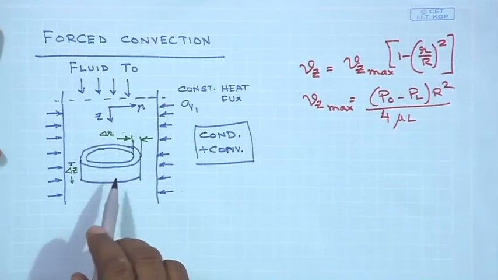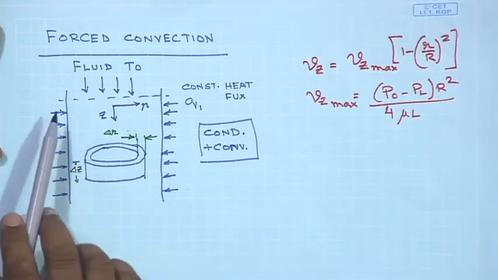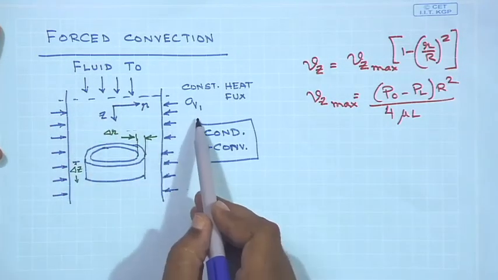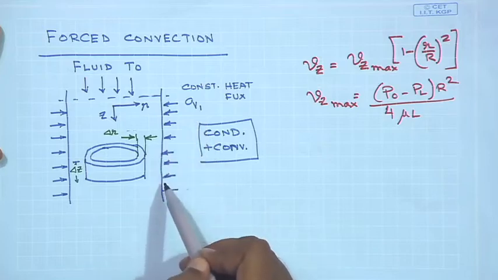In order to tackle this type of problem, in which the temperature can be a function both of r and of z, the assumed shell across which we are going to make the energy balance will probably look something like this, which we have drawn in the previous class. So we have a fluid which is coming in and some amount of heat, constant heat flux Q1, being added through the side walls.